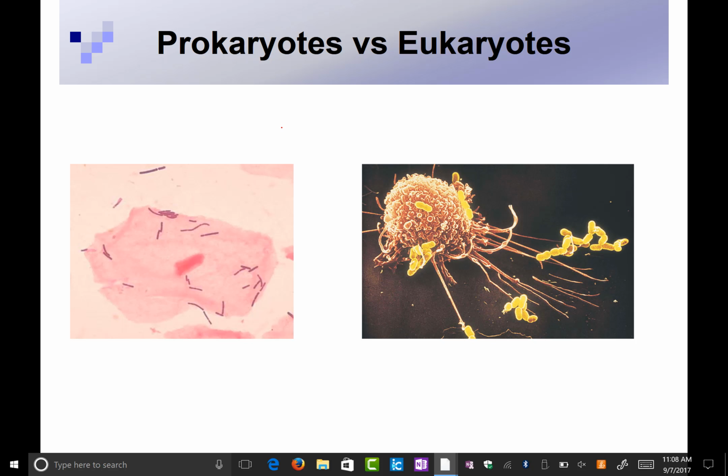Let's talk in general about the cell types you're going to be looking at. So we have prokaryotes and eukaryotes. Prokaryotes in general are much smaller. Again, we think of bacteria, but there are some really cool ones called archaea that are the ancient bacteria.